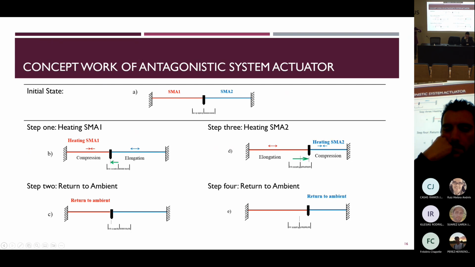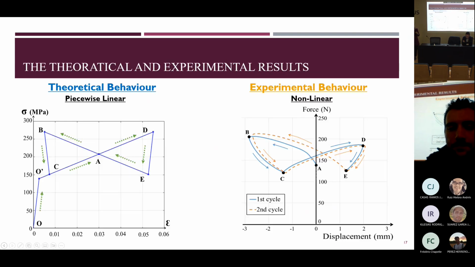Second, we are going to heat the second wire. It compresses the second, but elongates the first. This cycle should be repeated in order to have the butterfly shape. When we study this cycle, theoretically we have a linear shape, which is not that good, but it is okay. However, the experimental one is nonlinear.